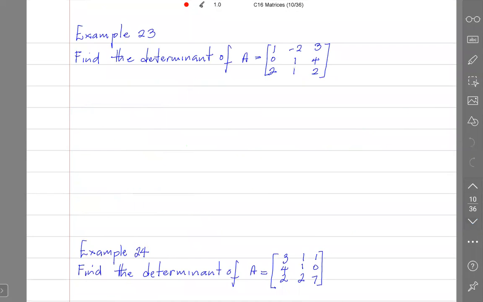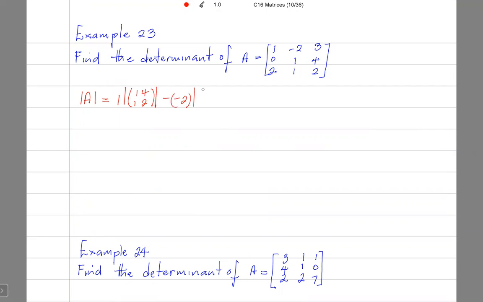Now this says find the determinant of matrix A, which is 1, minus 2, 3, 0, 1, 4, 2, 1, 2. So the determinant of A would be 1 times the determinant of 1, 4, 1, 2, then minus minus 2 times the determinant of 0, 4, 2, 2, plus 3 times the determinant of 0, 1, 2, 1.